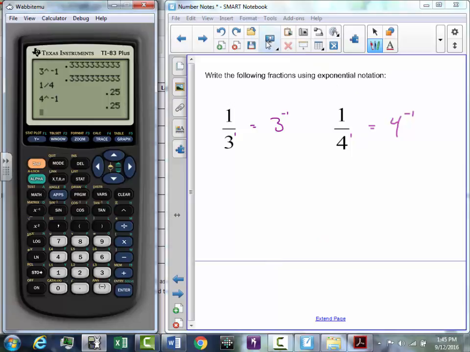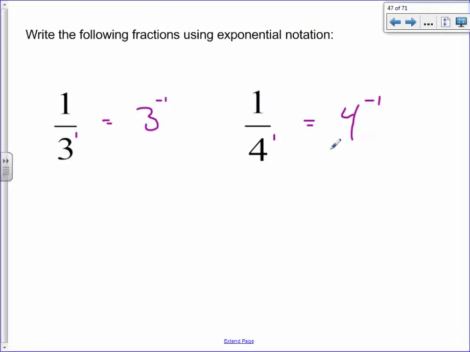Here's the weird thing about this one, though. That's not the only way we could write it. Rather than writing it as 1 over 4, isn't 4 really equal to 2 by 2? 2 by 2 is 2 squared. See how I have a number on the bottom of a fraction? That means that I need to have a negative exponent.